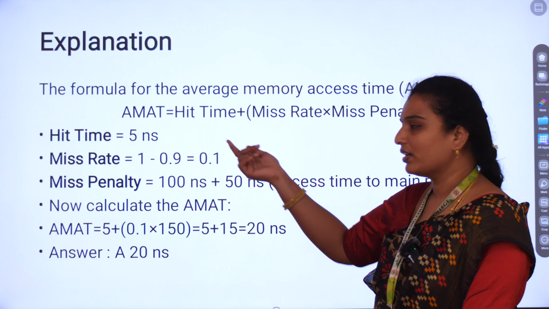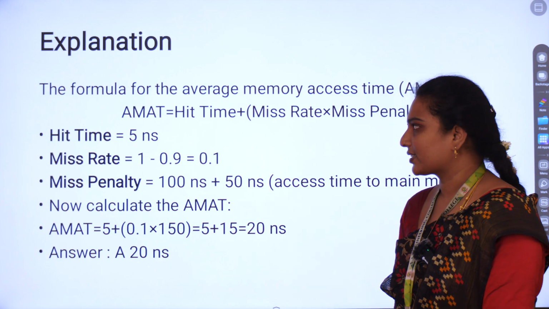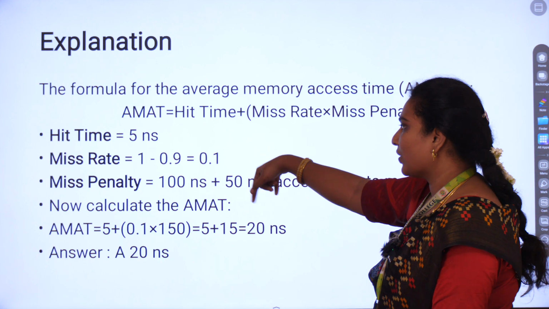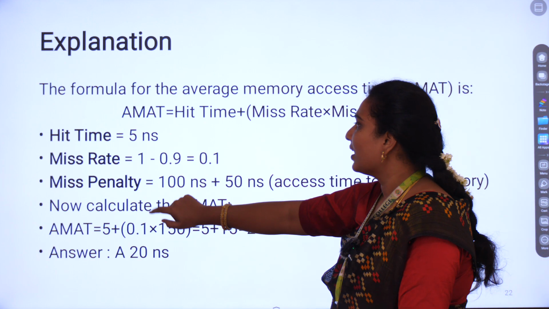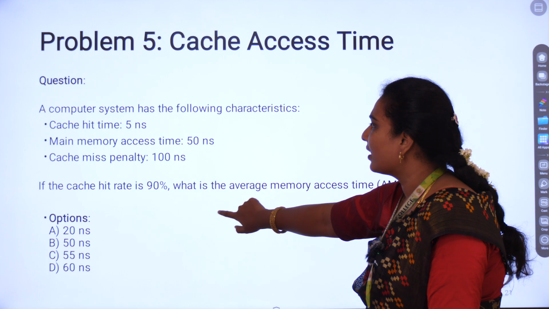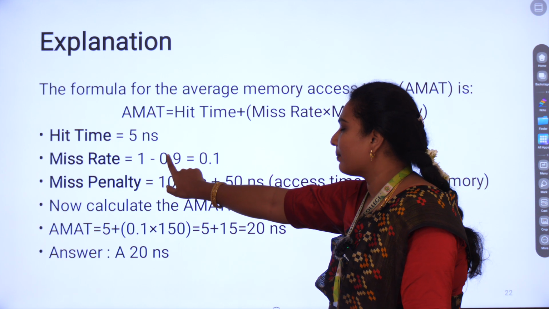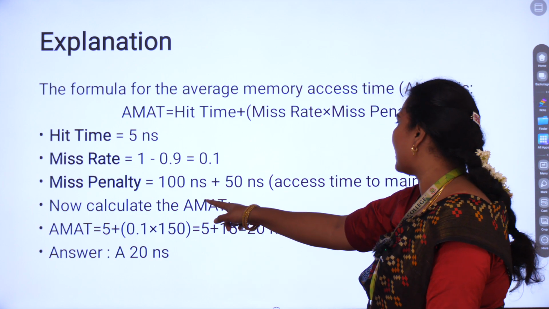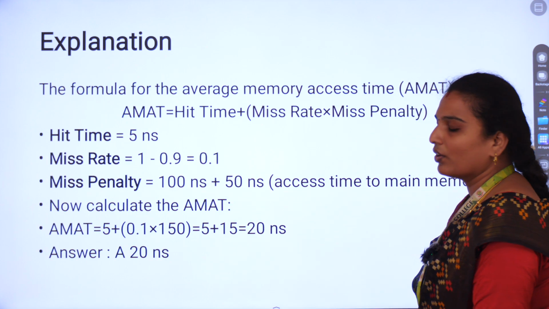The same formula for finding the average memory access time: hit time plus miss rate into miss penalty. We have all this data. Here the miss rate is mentioned as 1, so we are converting this into 0.1, and the miss penalty is the access time for main memory.